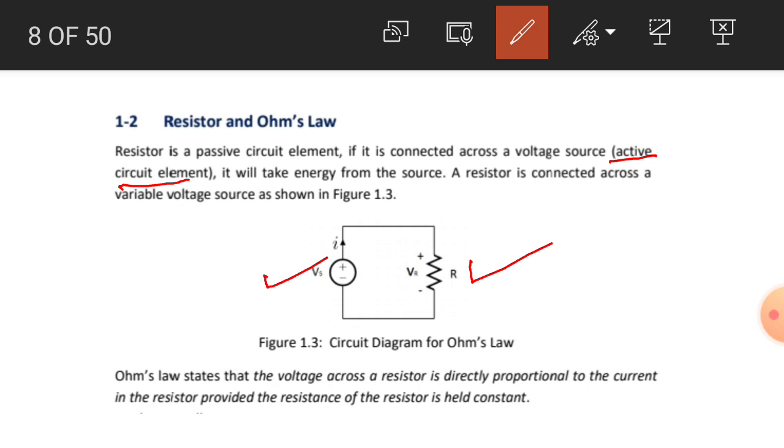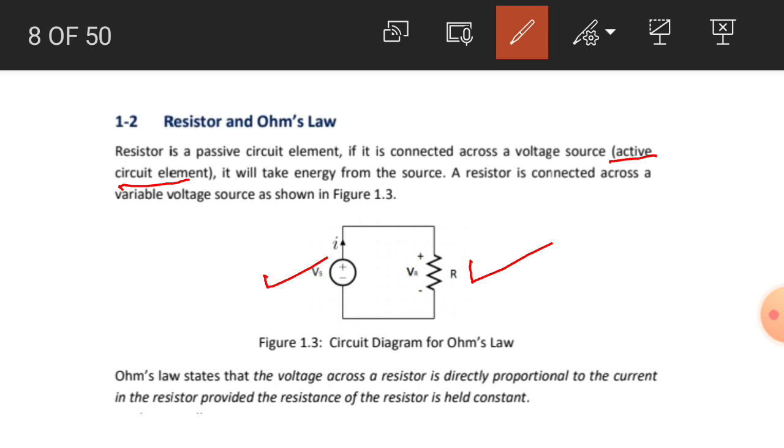Usually, the nature of the current in a circuit depends upon the nature of the applied voltage. What do I want to convey to you guys?